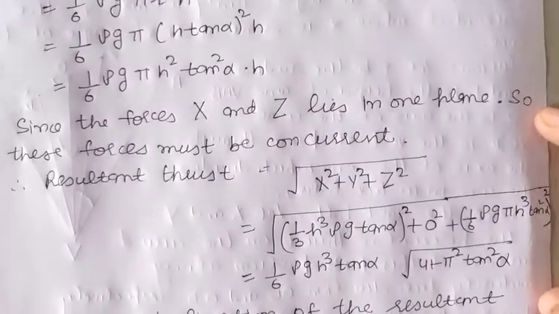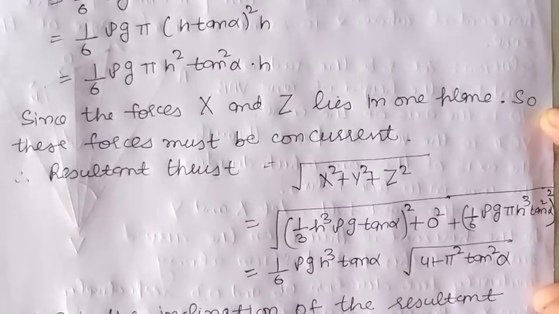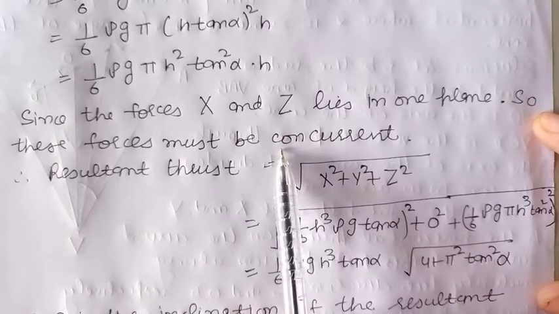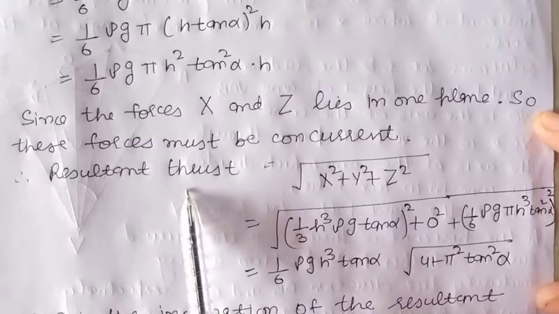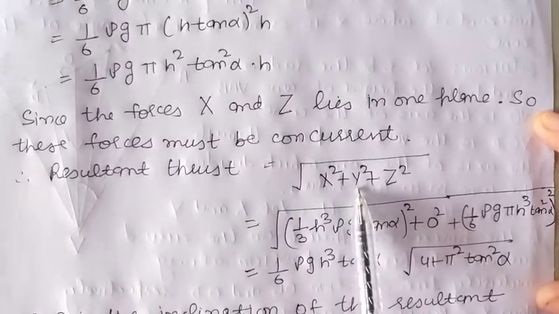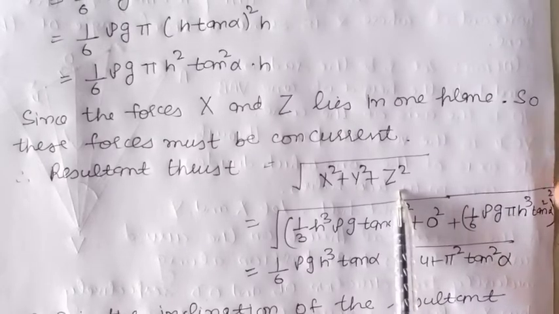Now, because the forces X and Z lie in the same plane, these forces must be concurrent forces. And if the forces are concurrent, in that case the resultant thrust is given by square root of X square plus Y square plus Z square.